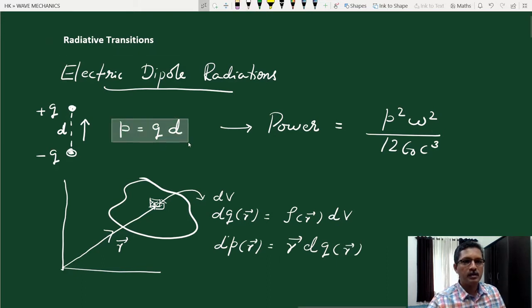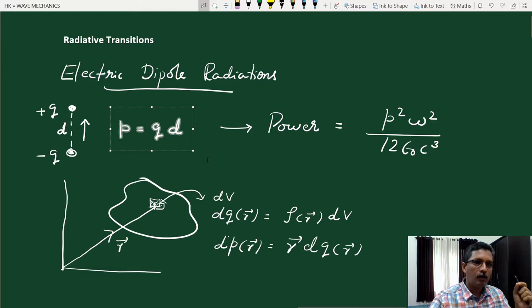Here we have used the same idea. The dipole moment of a single dipole, with charges plus q and minus q separated by a distance, is charge into distance, where we have considered one of the charges as the origin, and the magnitude of the charge into the distance from the other charge.